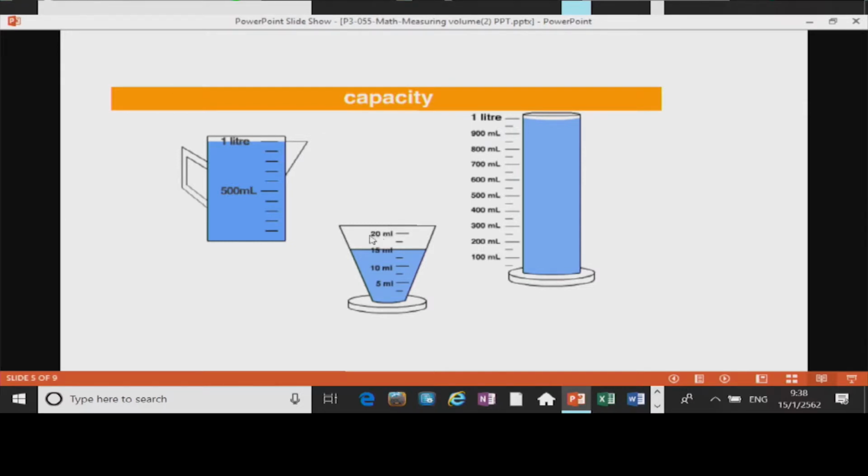So the capacity, 20 milliliters, but the volume, 15 milliliters. Here, the volume is at the top. So the volume and capacity are the same, 1 liter. Remember guys, capacity stays the same, but volume can change depending on how much of something.